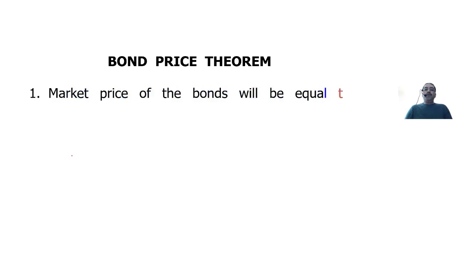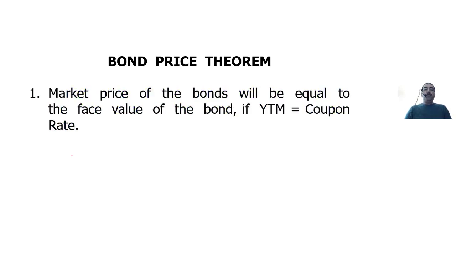First point, market price of the bonds will be equal to face value of the bonds if YTM, yield to maturity, is equal to coupon rate. Earlier we had said current yield is equal to coupon rate. Now we are using the term yield to maturity, YTM.